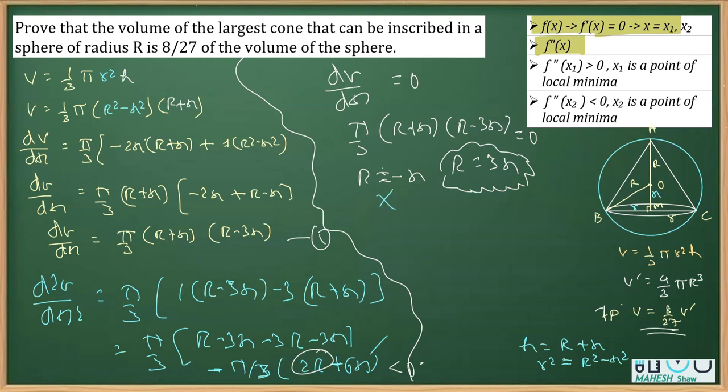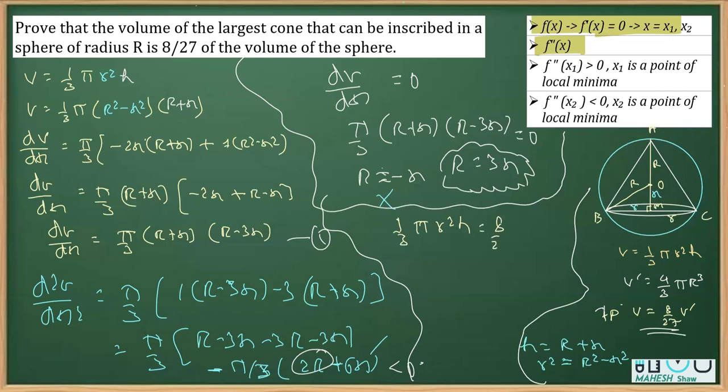What we have to prove here, let's say, I have already written V, which is the volume of this. We have to prove that the volume of the cone, which is 1 by 3 times pi r square h, is equal to 8 over 27 the volume of the sphere, which is 4 by 3 pi R cube.